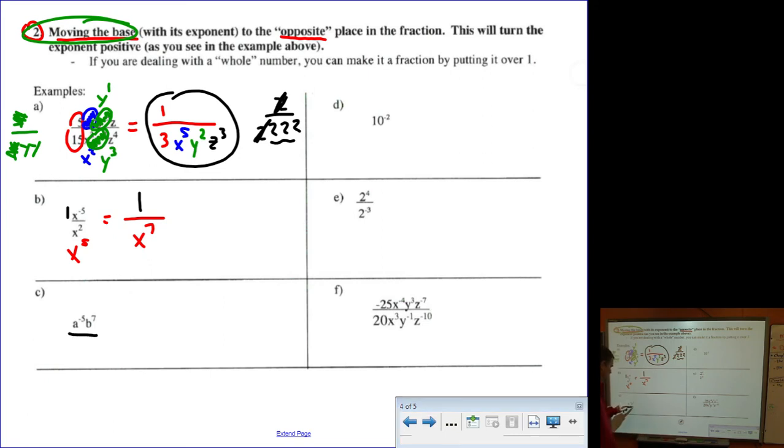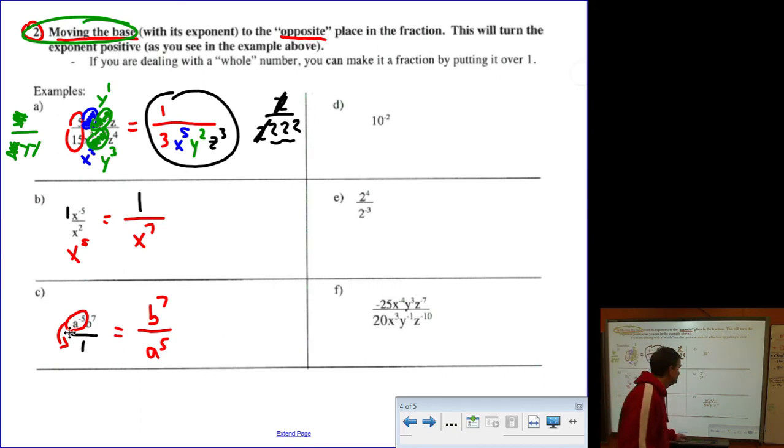I look at this thing and I say, all right, I'm going to make it a fraction by putting it over 1. You could do that mentally, or you could do it physically like I just did and write the 1. And then I'm going to take this term that has a negative exponent, and since it has a negative exponent, it needs to move to the bottom and turn the exponent positive. So the b to the 7th is going to stay on top, but the a moves to the bottom and becomes a to the 5th, and you're done.